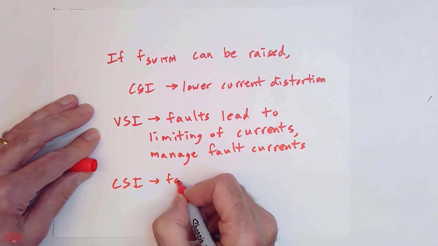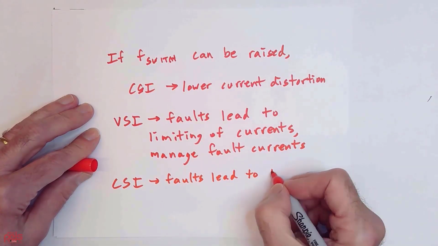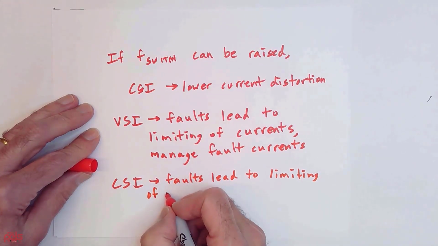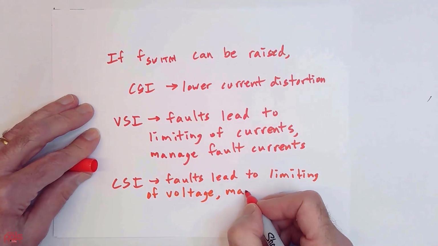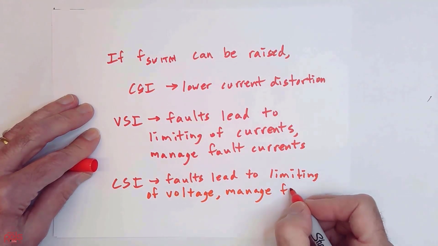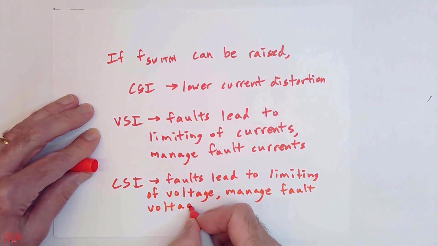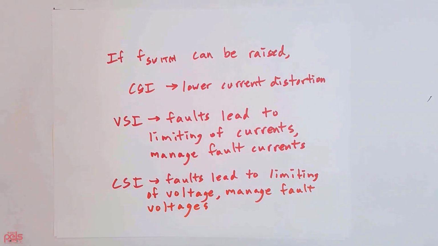So faults lead to limiting of voltages, and we need to manage fault voltages. Some people would argue that managing the fault voltage is easier than managing the fault current. It kind of comes down to choosing which kind of thing you prefer and which you want to deal with.